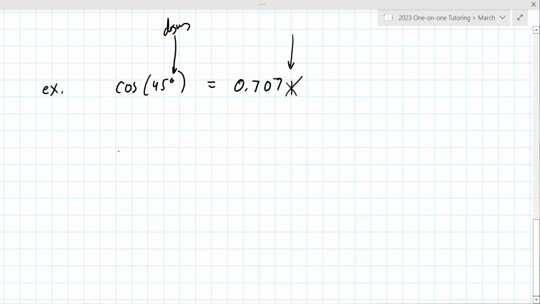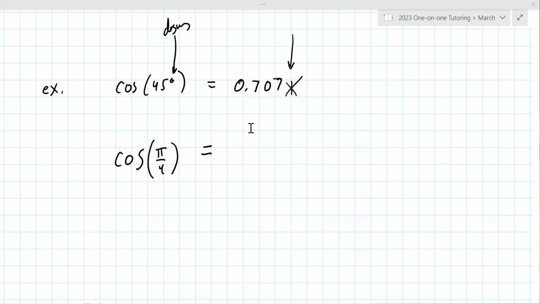Now I want you to hit the degree button on your calculator so that it switches to radian. We'll talk about the conversion in a moment, but I want you to see that they're the same. Cosine pi over 4. Delete your current answer, or hit enter and get a new line.